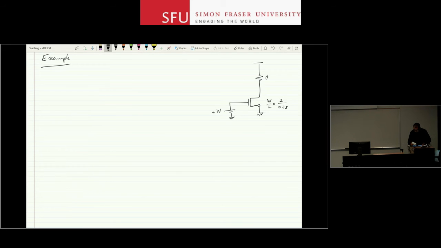RD is 5 kilo ohms. And VDD is 1.8 volts. And this is obviously ID. Okay? And the question is, what is the current and voltage in this circuit?